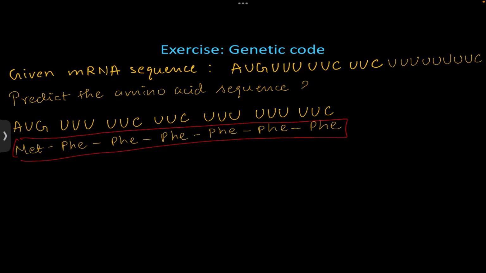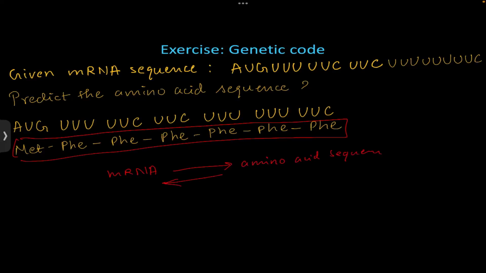It is quite easy, and you have to use a genetic code table in order to come to this particular answer. Now, if we do the opposite: here, from the mRNA sequence, we predicted the amino acid sequence, right? Now we go in the opposite direction.